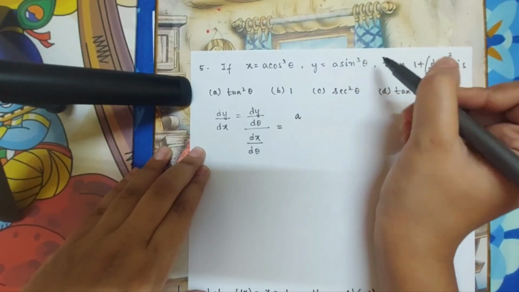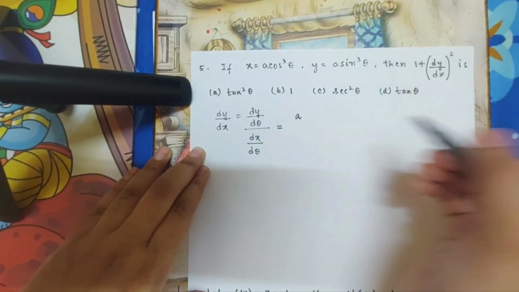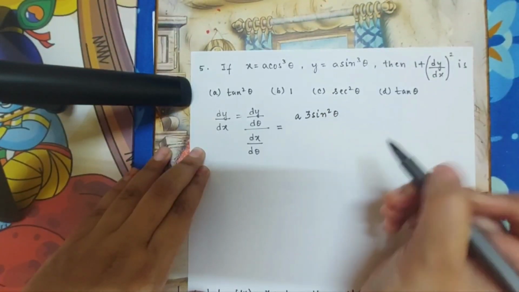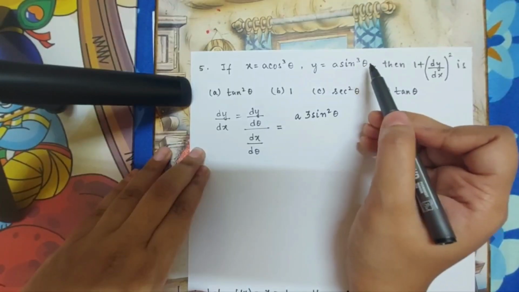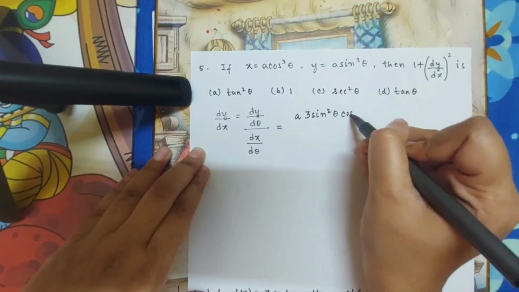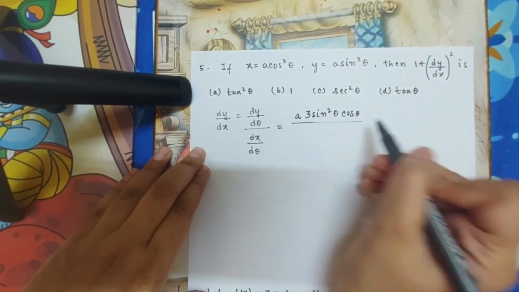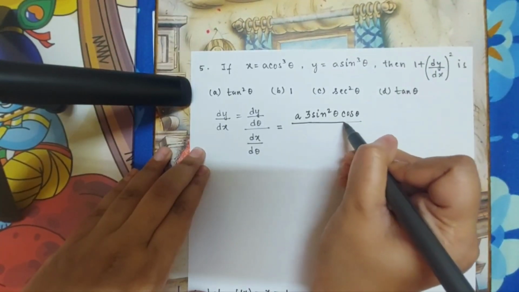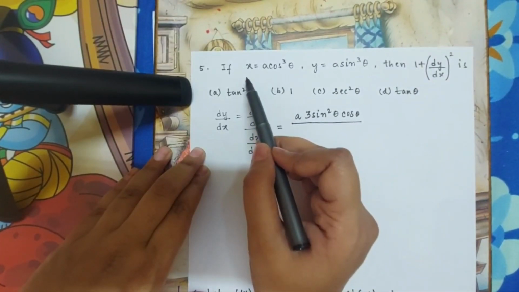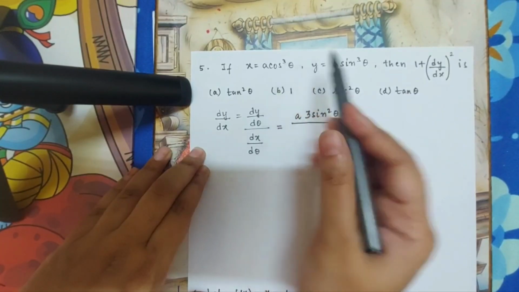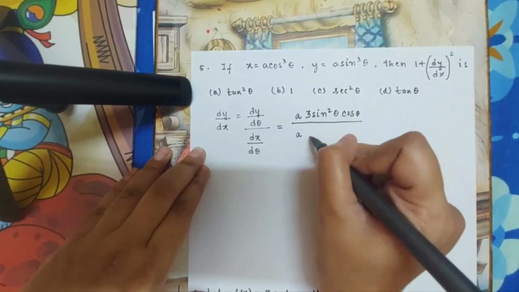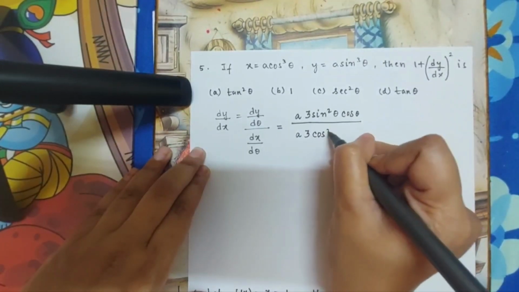So x cube will be 3x square. I'll be applying the same thing here. Sine cube theta can be written as 3 sine square theta. Now I need to even differentiate sine theta. We already know the differential of sine theta is cos theta, divided by, along with that we will be differentiating x with respect to theta. Again, a is a constant, cos cube theta can be written as 3 cos square theta.